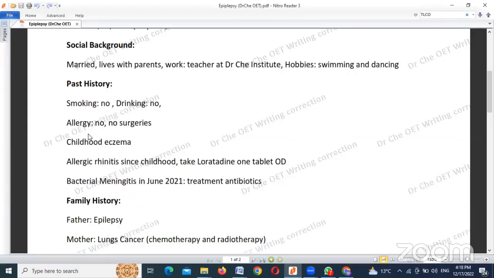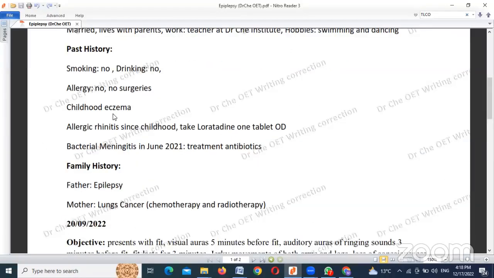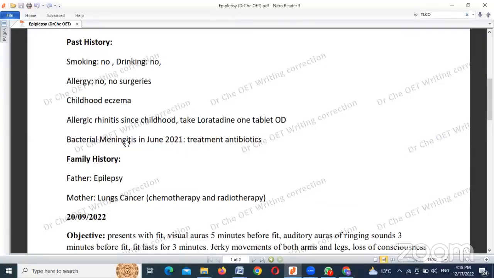No past history of smoking, no drinking, no allergies, no surgeries, childhood eczema, yes. Then we have allergic rhinitis since childhood, takes loratadine, 1 tablet daily. Then we have history of bacterial meningitis in June 2021, which needed treatment with antibiotics.